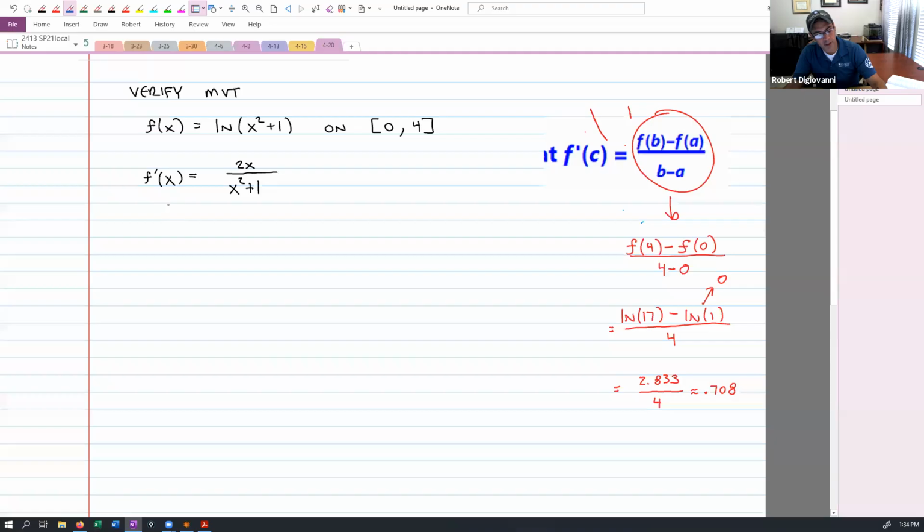So now I need the derivative of the function at c to be equal to that. The derivative of the function at c, just plugging in c for x, must be equal to 0.708.